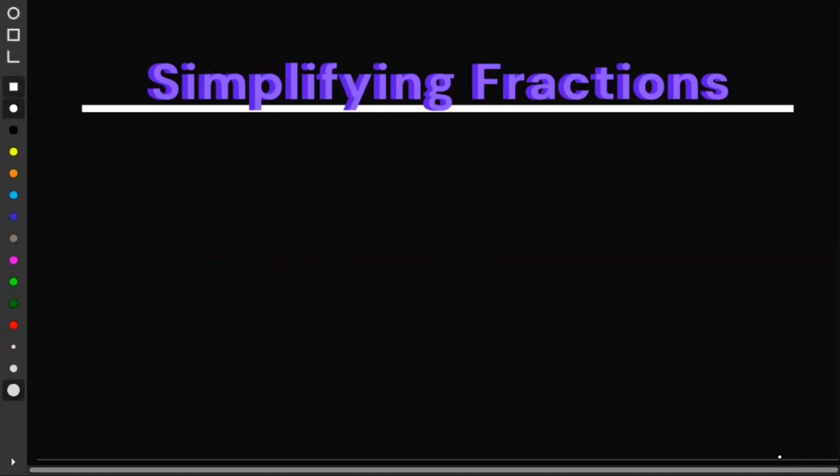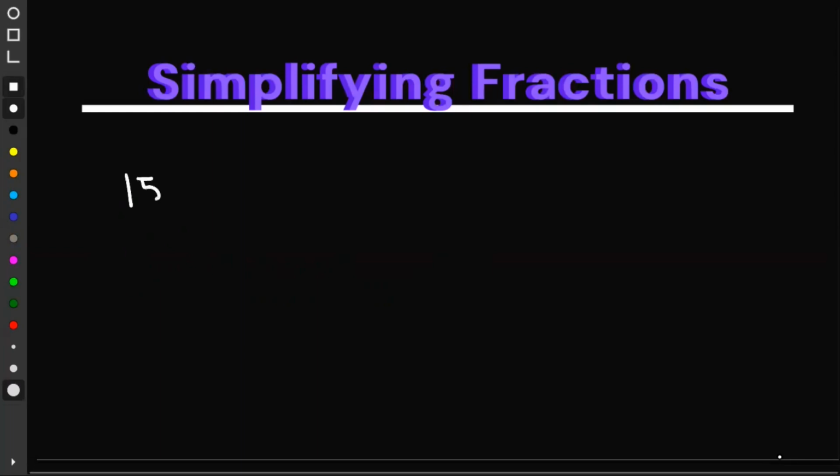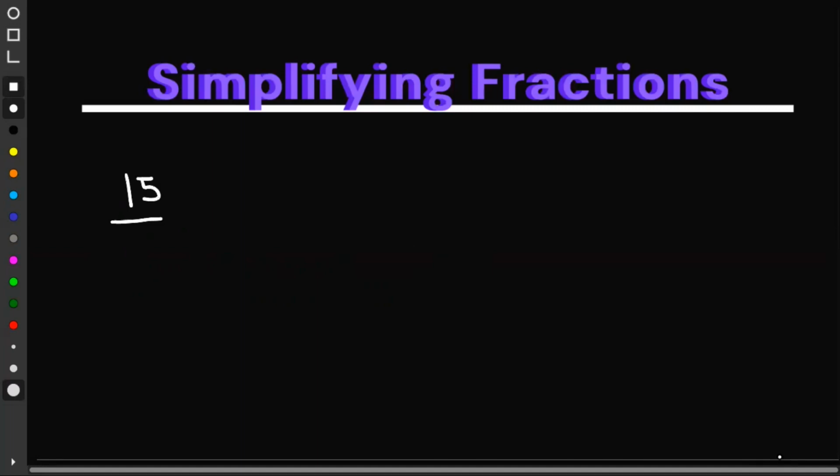Let's try another example. Say if we have 15/90. Now, as I said a while ago, one method to solve this one is to get their GCF, and that is actually an efficient method, but I prefer trimming it down.